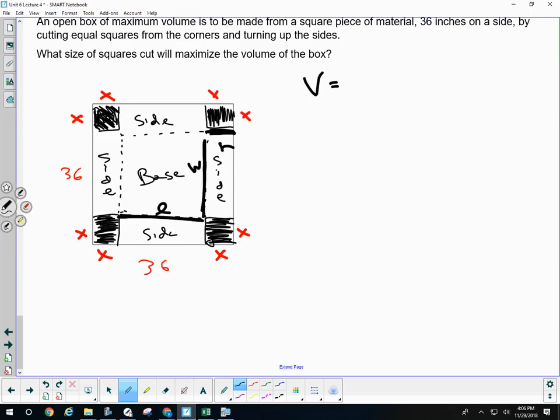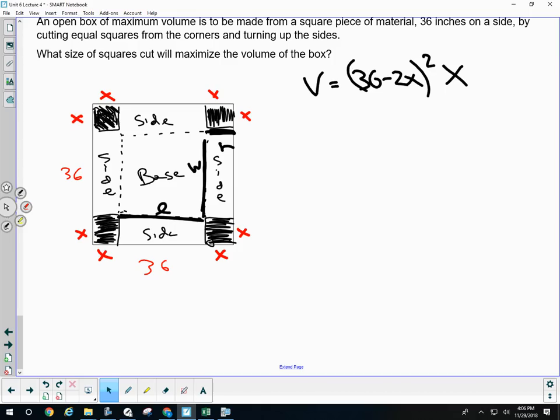Beautiful. 36 minus 2x. What's the expression for the width? 36 minus 2x. What's the expression for the height? X.